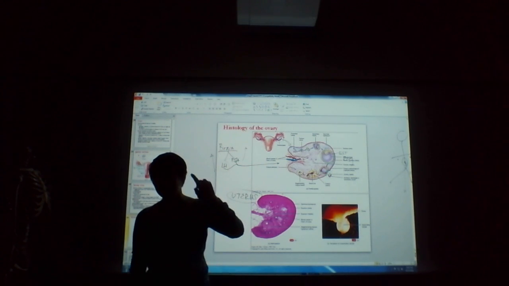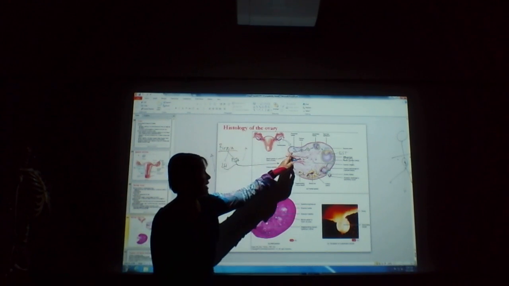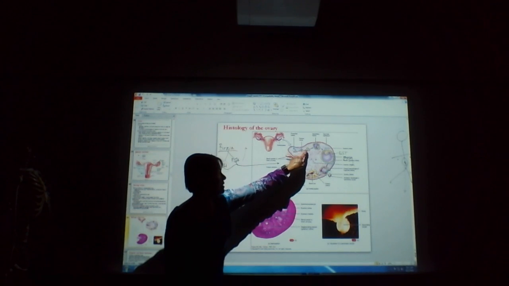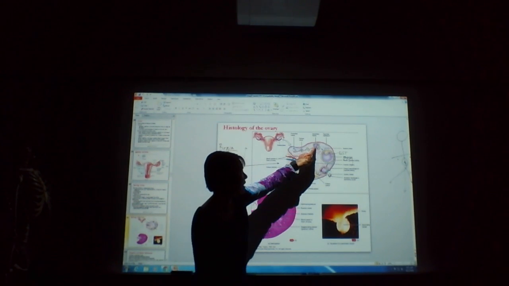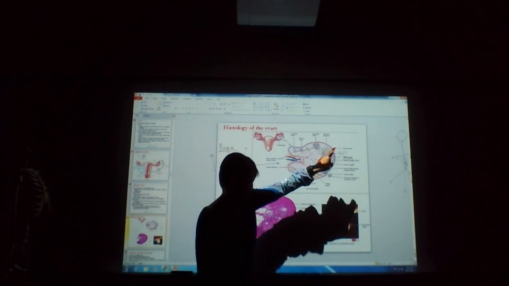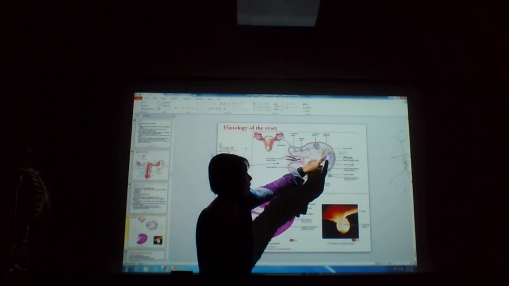So don't forget, it's always just one follicle each month. The others will have their turn. Only that one follicle each month, those follicle cells, it's their turn to make estrogen and progesterone.